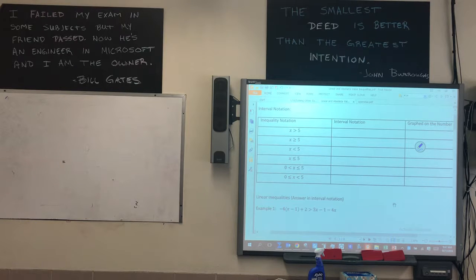So we have several notations to talk about. Obviously, the first one is just being able to graph it on a number line. The second notation, a lot of times they're calling it inequality notation. Eventually, we'll make it a little bit more involved and call it set builder notation. But the one that 99% of the time we're going to deal with in this class is what we call interval notation.